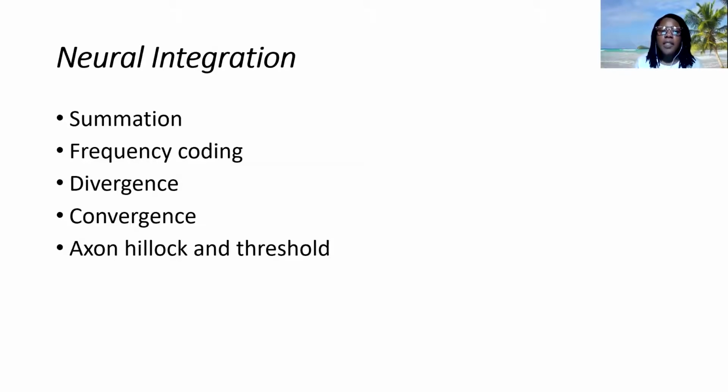We have this idea of splitting a signal, which is divergence, or congregating the signal, which is convergence. And we'll talk about what that is. And all of that is just calculated or assessed at the axon hillock to determine if we get to threshold or not. And that's what neural integration really is.